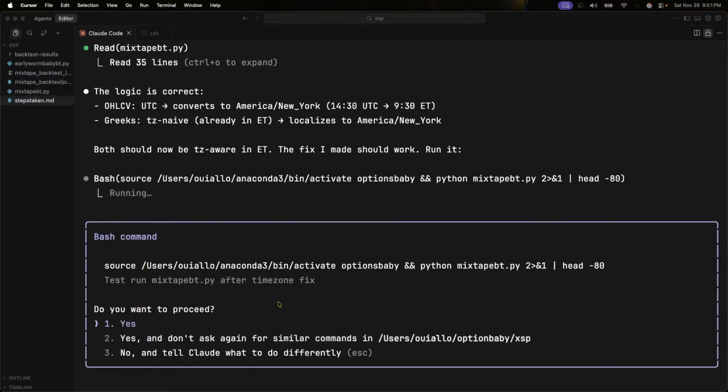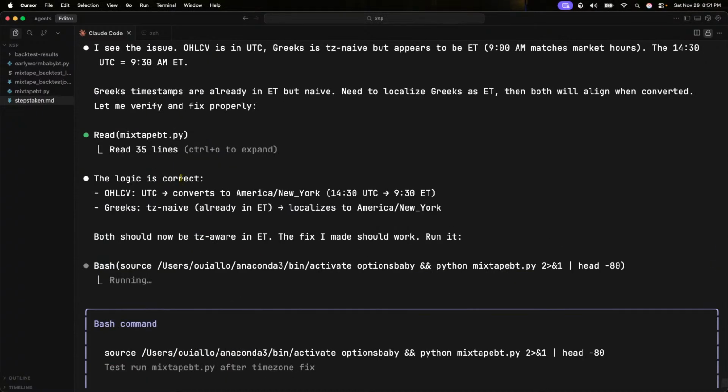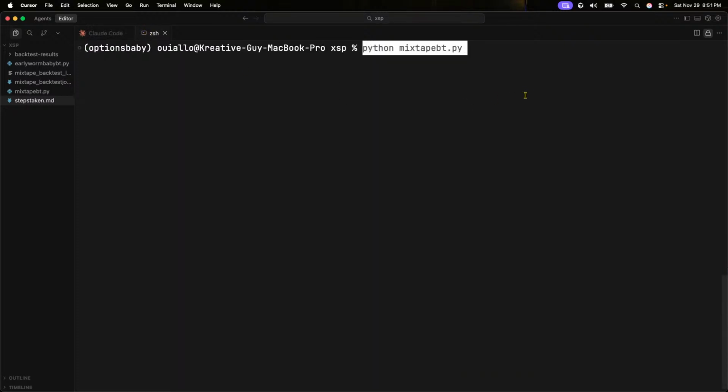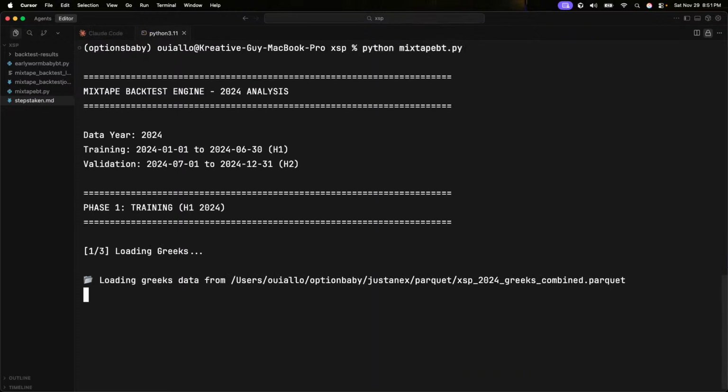The logic is correct. Both should be TZ aware and ET. The fix I made should work. Let's run it. Let's see. Let us see. Getting our work in.